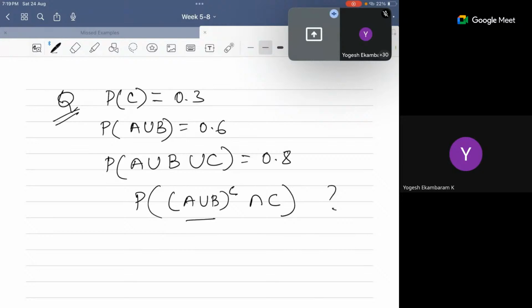You can directly take A union B as some D, and then you can try it out.